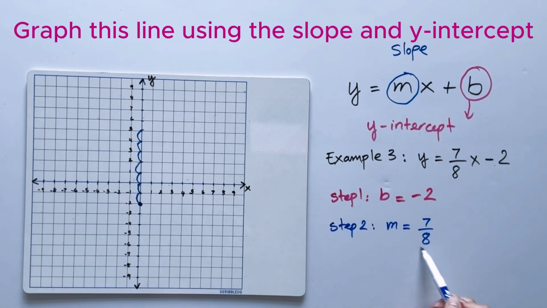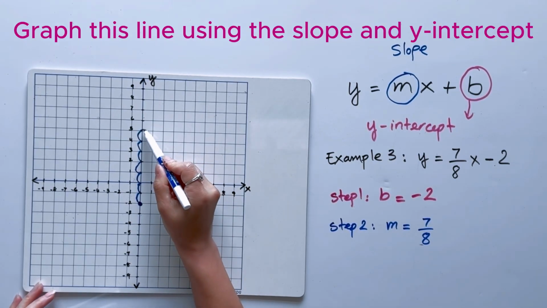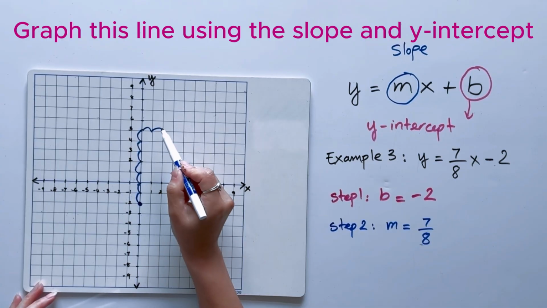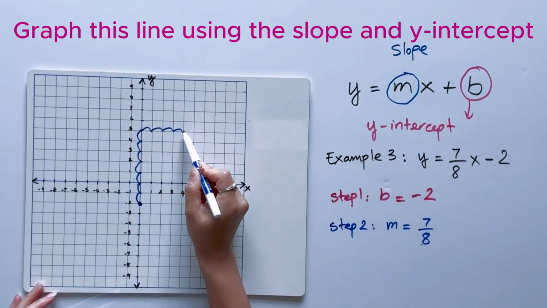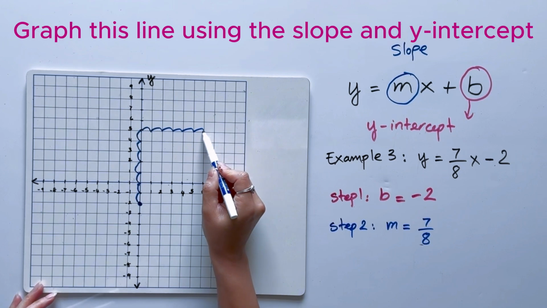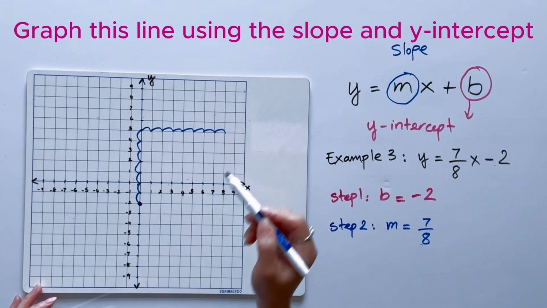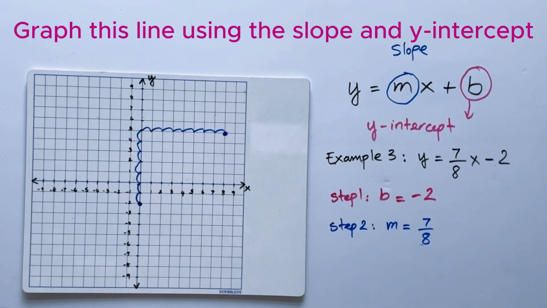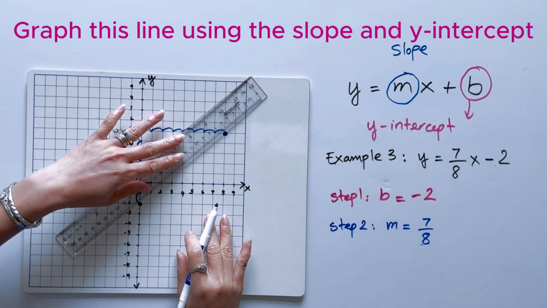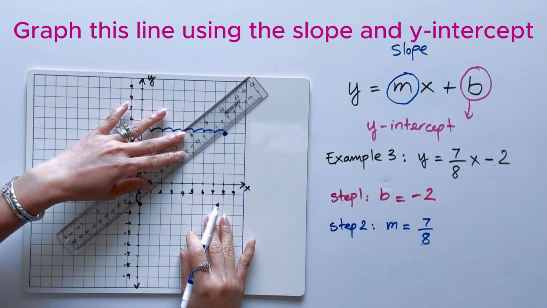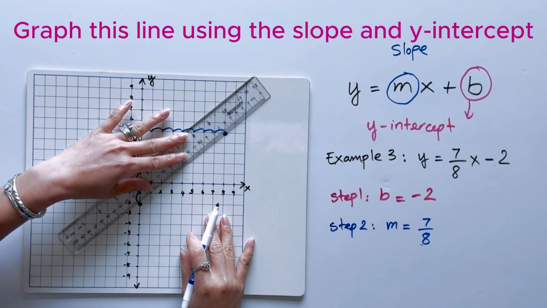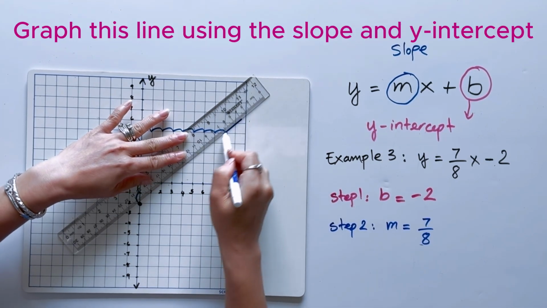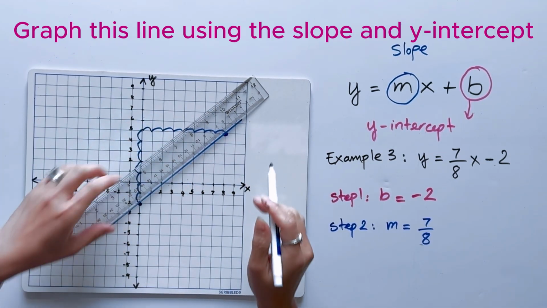And we always go to the right, so we will go to the right 8 units on the x-axis: 1, 2, 3, 4, 5, 6, 7, 8. And that is our second point. Now we'll connect the two dots and we will draw a graph for y equals 7 over 8x minus 2.